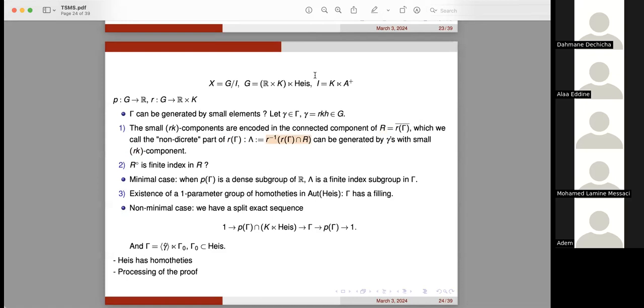So gamma is standard if there is a finite index subgroup which has a synthetic hull. So we only care about gamma up to finite index, which topologically corresponds to taking a finite cover.